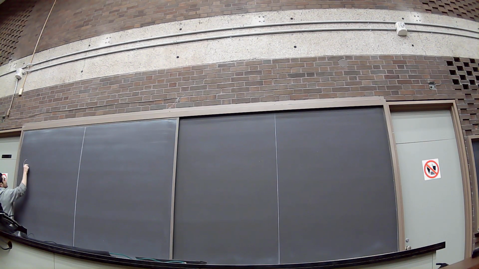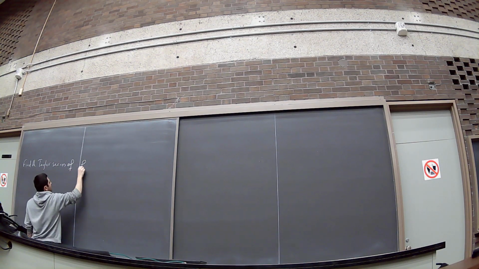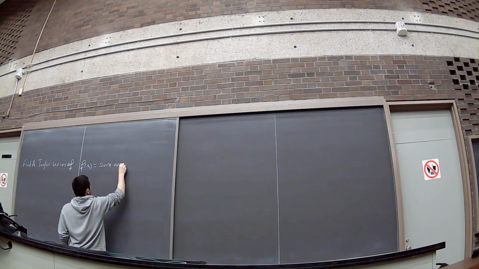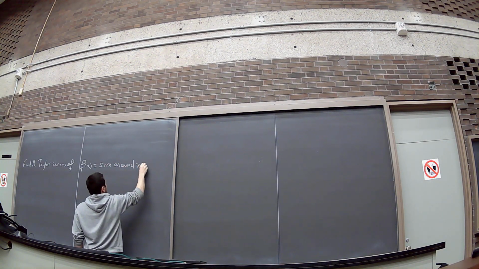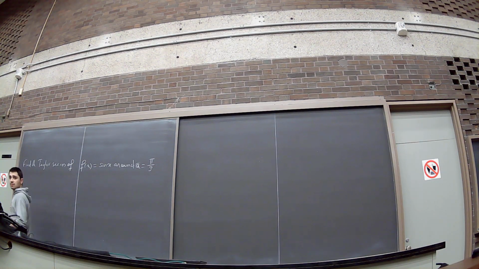Find the Taylor series of f of x equals sin x around a equals 5. Okay, so how did we start this?